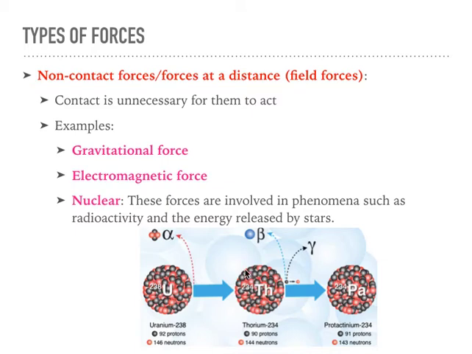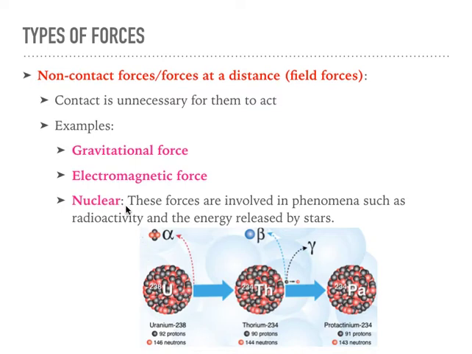Anyway, so the nuclear force is the one that keeps the nucleus of the atoms together. So all of these protons and neutrons, they are together because they have a nuclear force holding them together. I mean, you can guess, here we have a lot of protons, and why don't they repel each other?